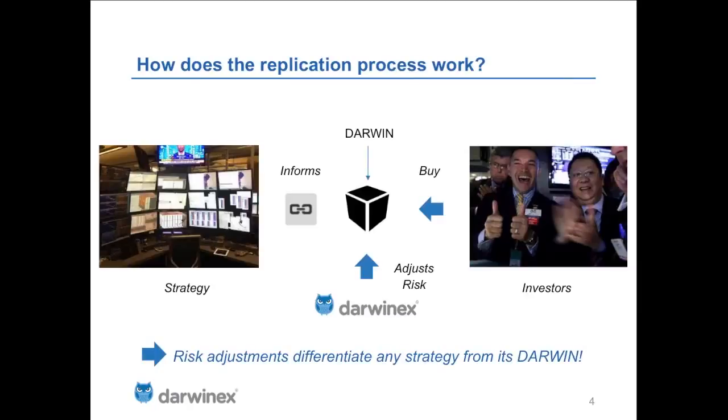It can come in many cases that strategies which register bad profits, i.e. losses on their own account, actually deliver profit-making Darwins because the risk adjustments improve the strategy to make a losing strategy owing to bad risk management a winning strategy. And this is one of the reasons why you have talented strategies in the Darwin X leaderboard which seem to be loss-making, but whose Darwins actually represent an incredible profit opportunity for investors.